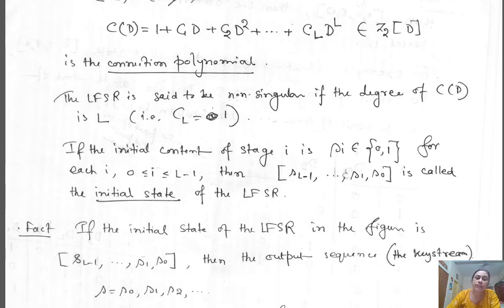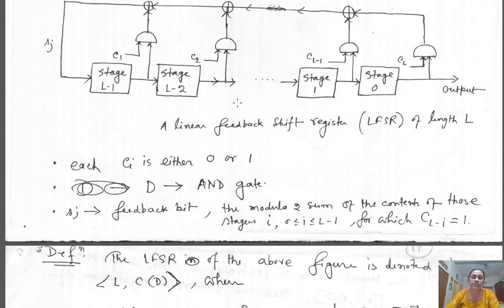Now, if the initial content of stage i is Si, Si is 1 bit. Every stage here is essentially one register that can store 1 bit, either 0 or 1. This holds either 0 or 1, this holds either 0 or 1, this holds either 0 or 1.